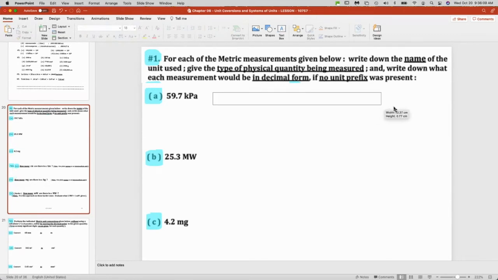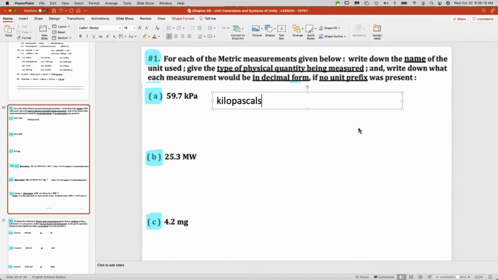So the unit here is kilopascals. That's what kilopascals means, because the K here stands for kilo.